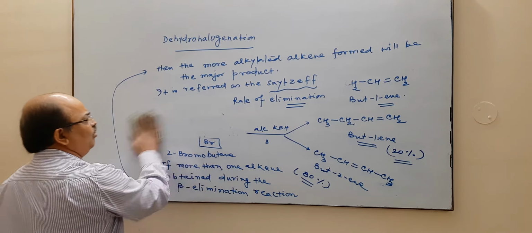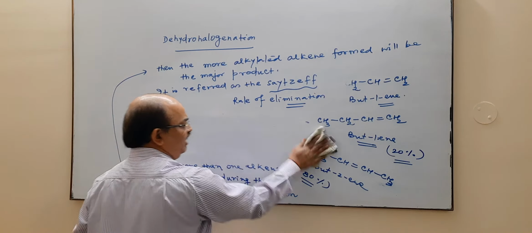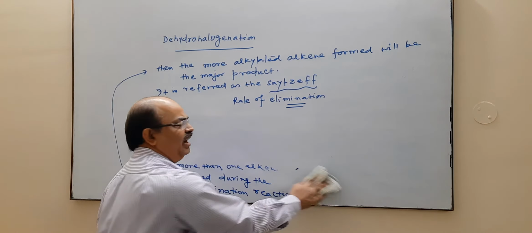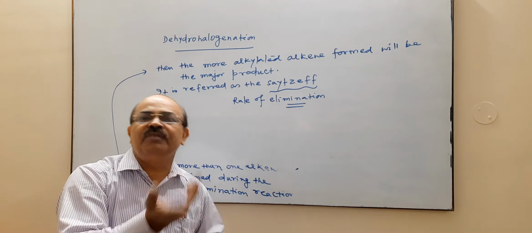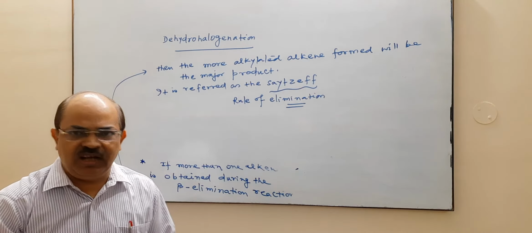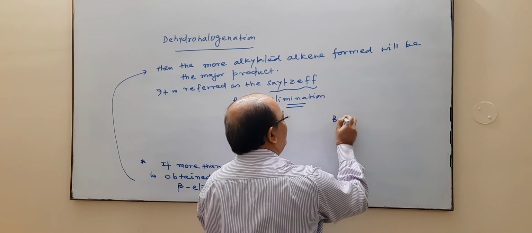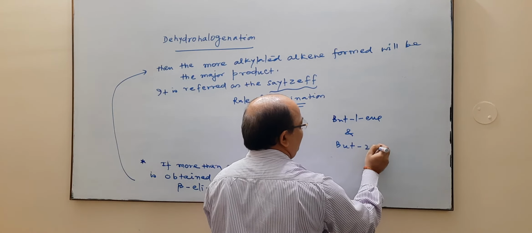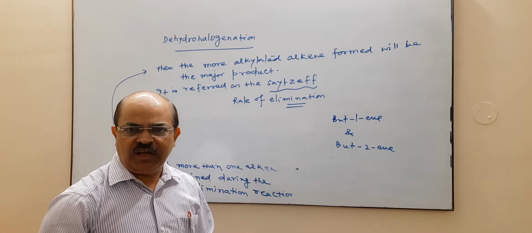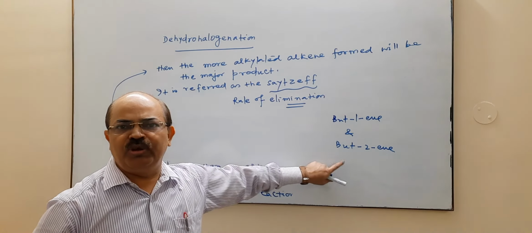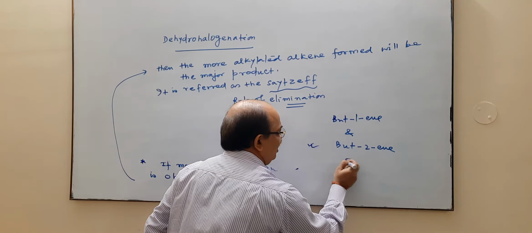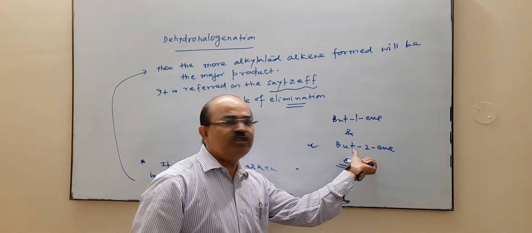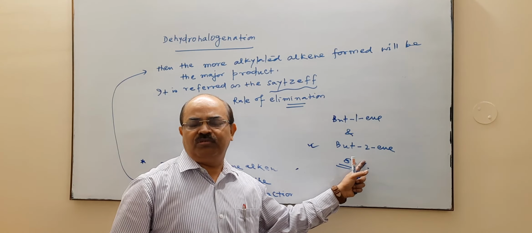Now if somebody asks you why the more alkylated alkene is the major product, you can see it has more hyperconjugative structures. If you compare the stability of but-1-ene and but-2-ene, if someone asks why 80% of this product was formed, the reason is that this is more alkylated, this is more stable.